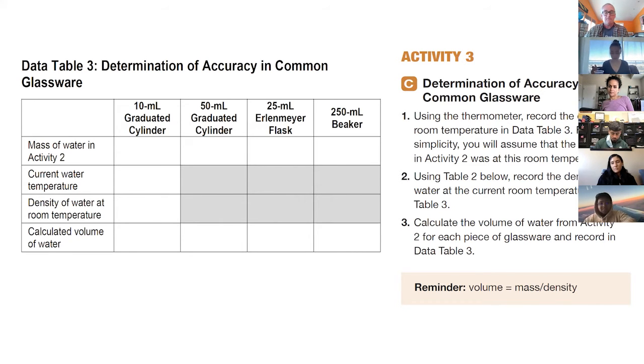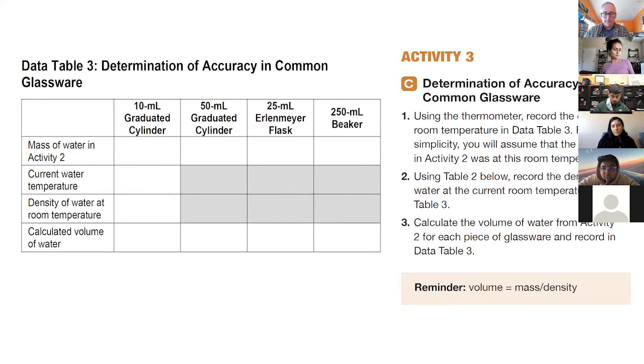Anything else? All right, so why don't we go ahead. Oh, I was going to say, I forgot my thermometer at home. I thought I put it in my box, but it's not there. Where are you doing the experiments, if you're not at home?